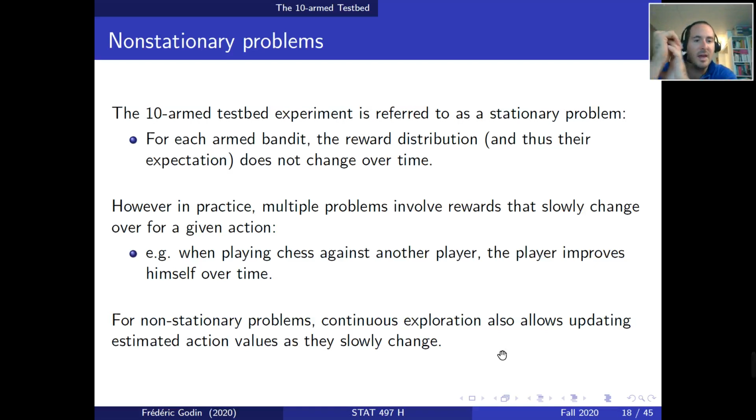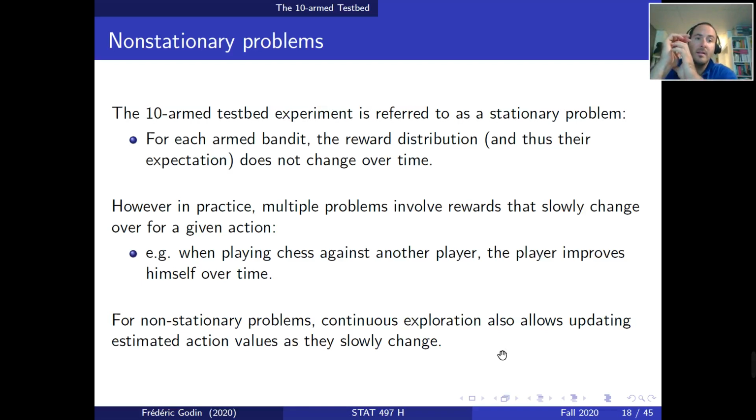Okay, so because of that, in practice, reward distributions associated with the various actions are not necessarily constant through time, but might be slowly changing as your opponent improves their strategies, or the dynamics of the systems with which you're interacting are changing.